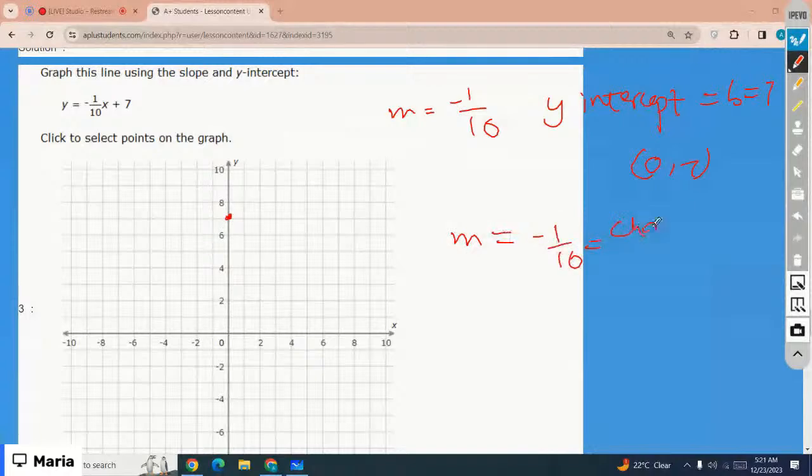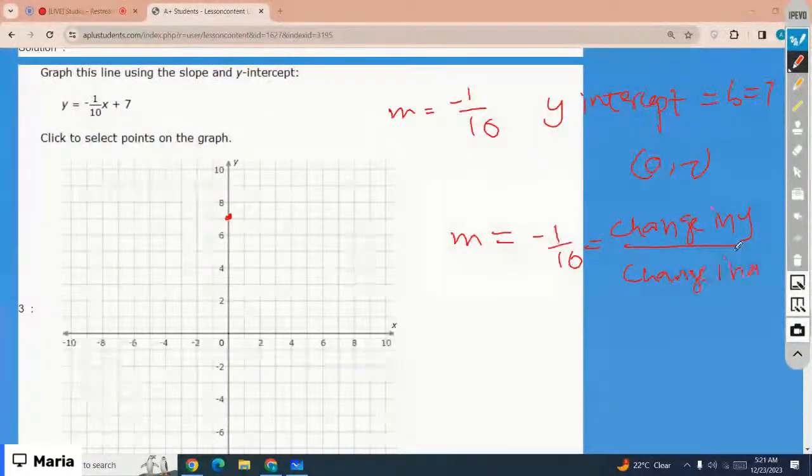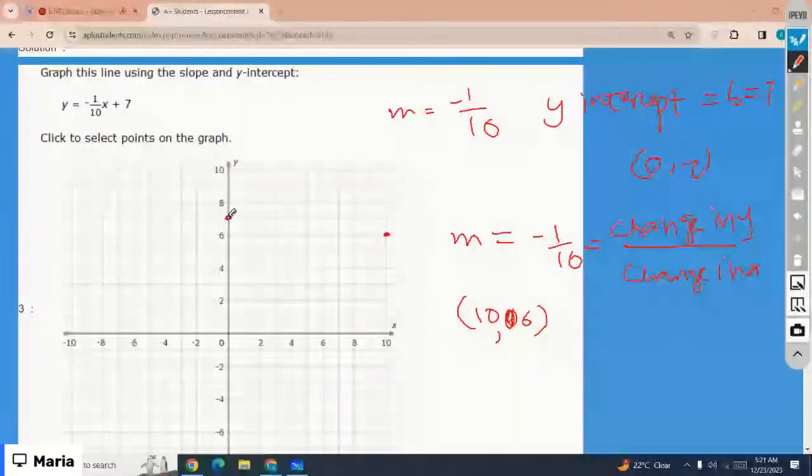Slope is always change in y divided by change in x, right? -1 means you need to move down 1 point and 10 means you move 10 points here. So these are the 2 points. The second point is x is 10 and y is 6, right? Just join these 2 points and make a line.